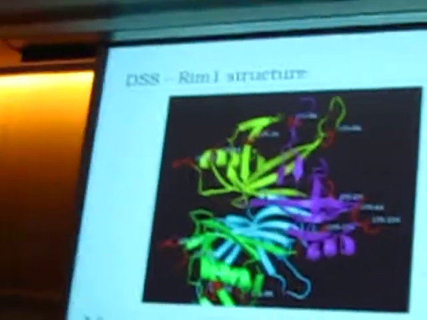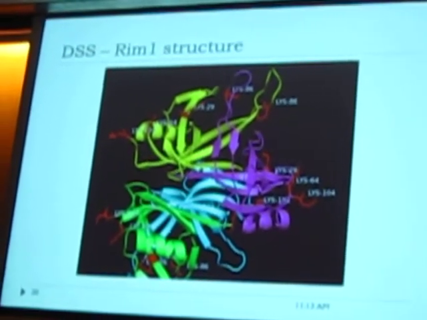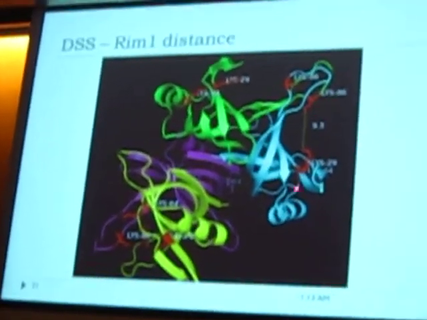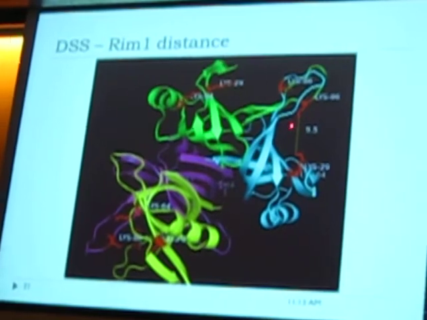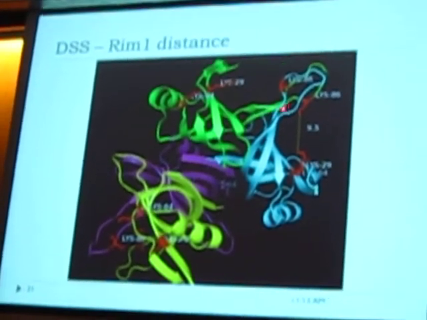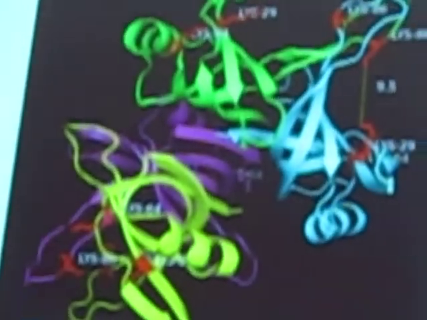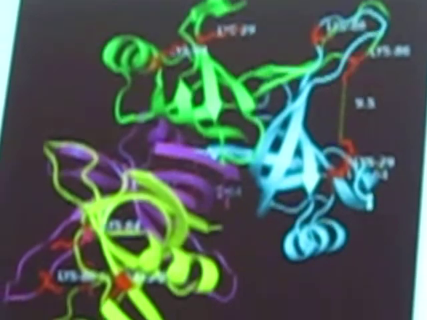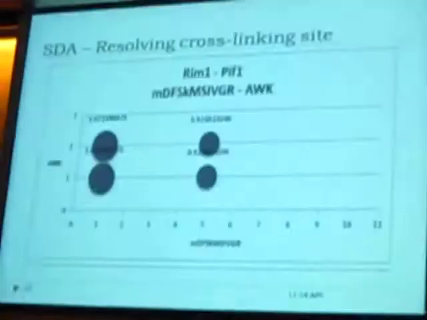Another thing is we used DSS for this cross-linking, and DSS has a linker length of 11.4 angstrom. If we analyze the highest scoring entry from lysine 86 to lysine 29, it has a length of 9.5 angstrom, while lysine 86 is on a flexible loop. So it can possibly accommodate a linker length of 11.4 angstrom. This is a very flexible loop. So XLPM did a good job in explaining the contact points for the structure.